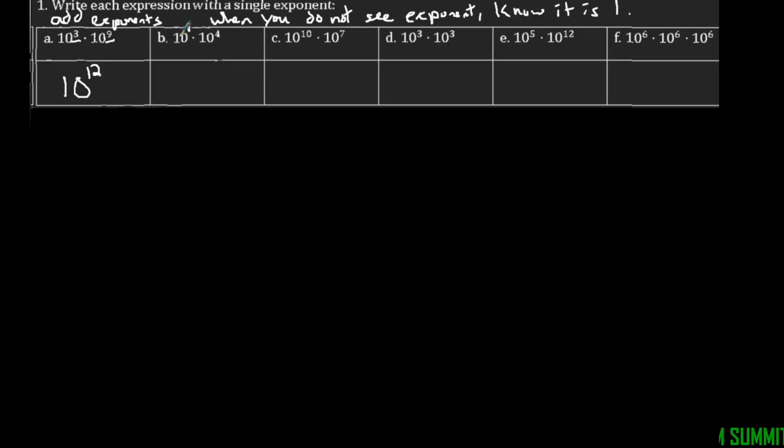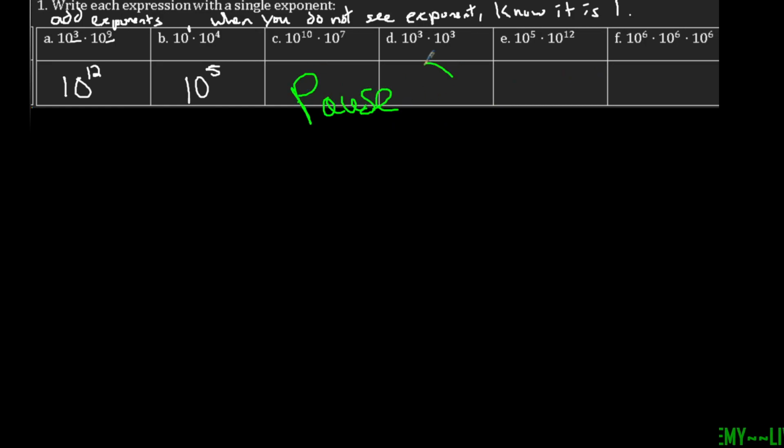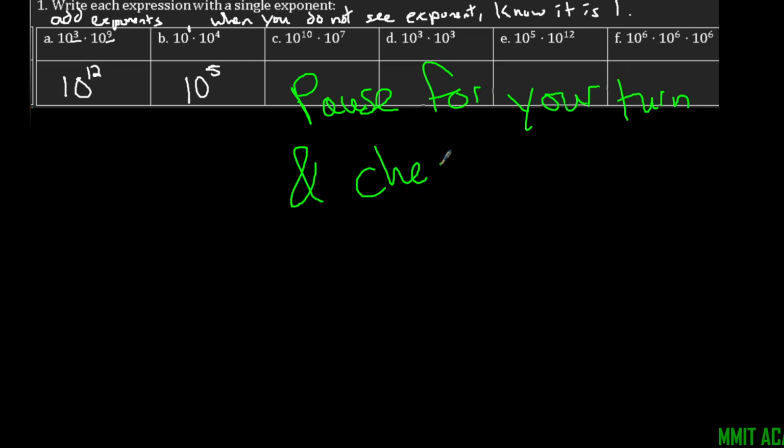So we're going to write that 10 to the 1st power times 10 to the 4th is going to be 10 to the 5th power, because we add those exponents together. And for these last few here, pause for your turn and check with me.